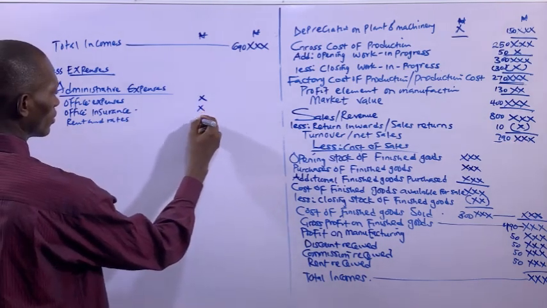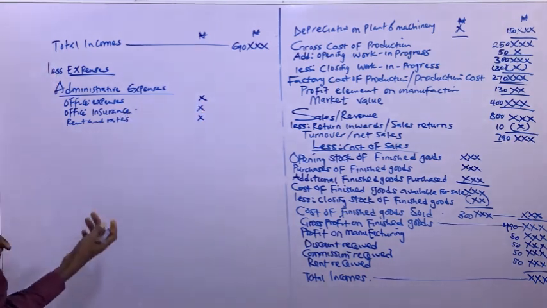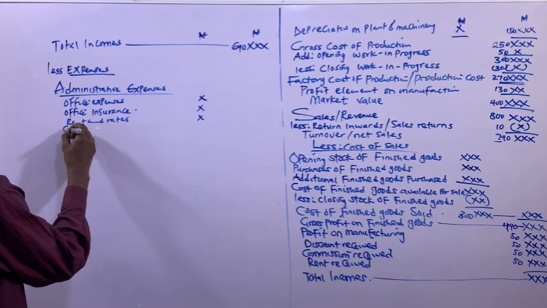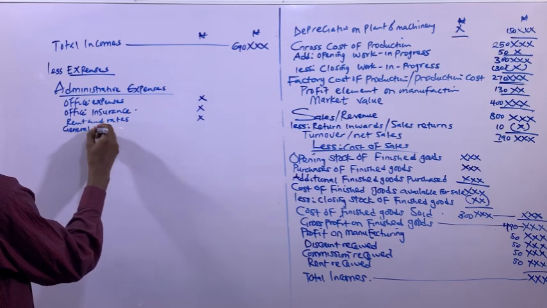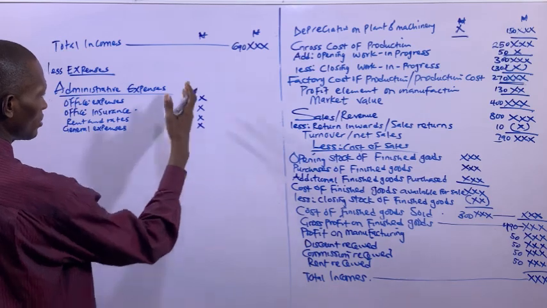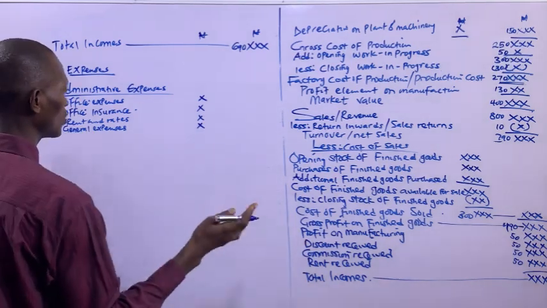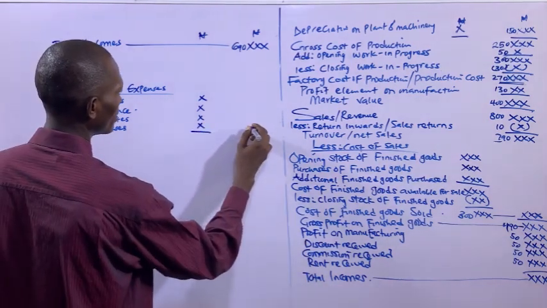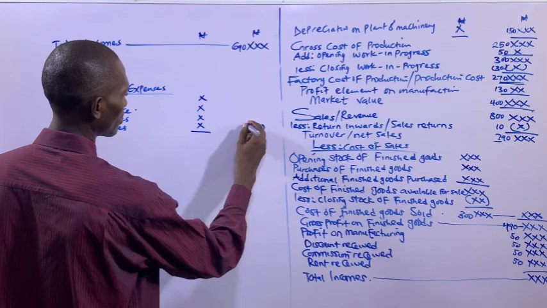So these are some of the administrative. We could have general expenses. So these are some of them, but you could have other ones too. So let's say this is this, less it.